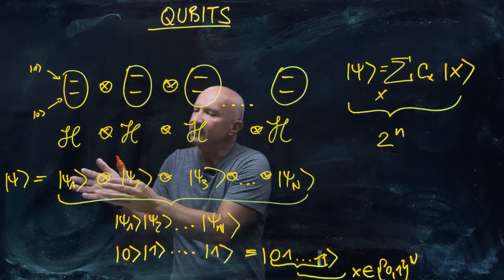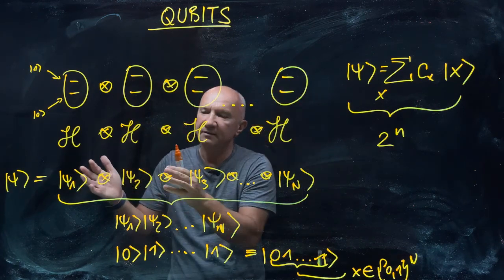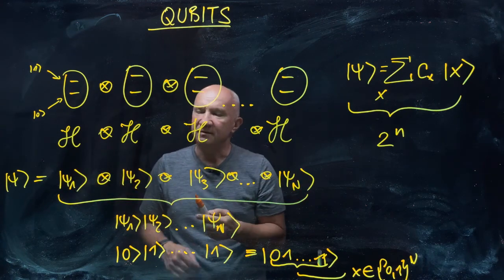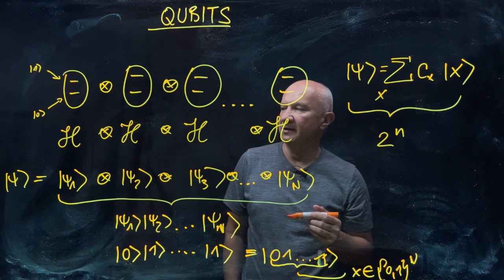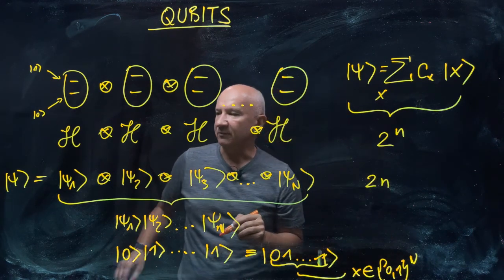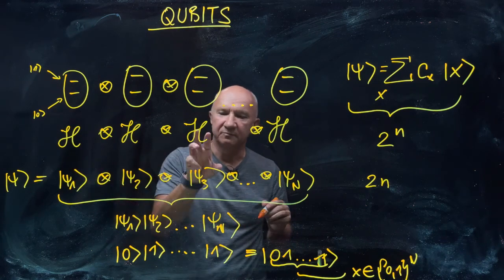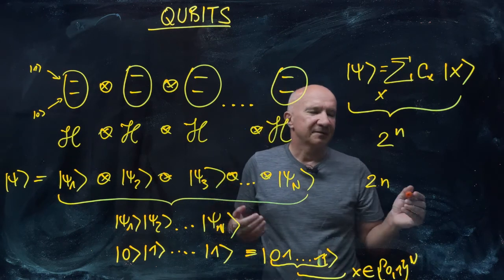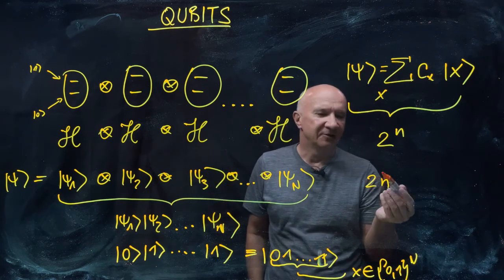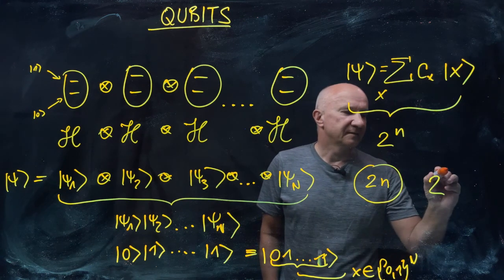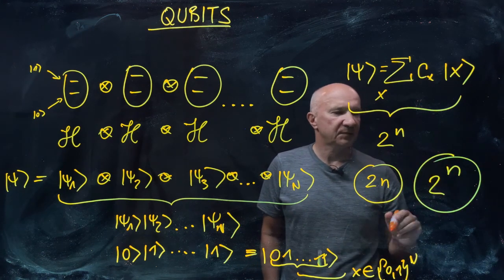So if you can really write a product state, a tensor product state like this, that kind of state can be characterized by 2 times n complex numbers, like 2 complex numbers per each qubit. So you can see that there is an enormous difference, of course, between 2 times n and 2 to the n. So this is huge.